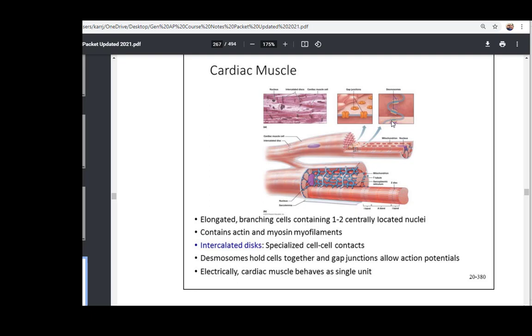So the heart contracts as a unit because of these intercalated discs. The two things again, the desmosomes tethering those cells together, and the gap junctions allowing action potentials to flow from cell to cell very easily as the ions can flow through these passageways from cell to cell. So it behaves as a single unit because of these unique structures.